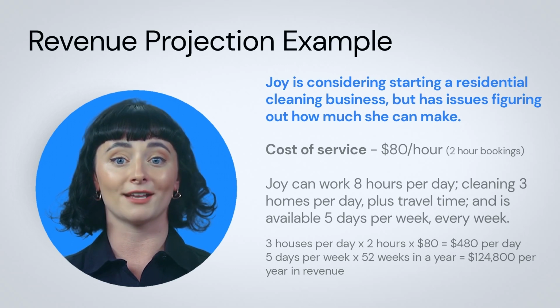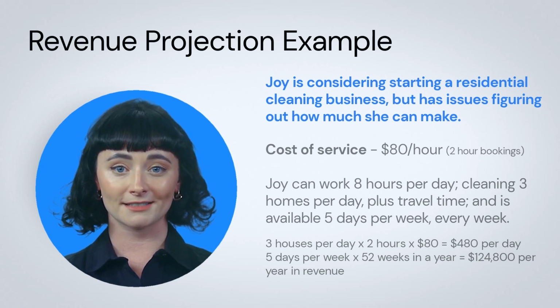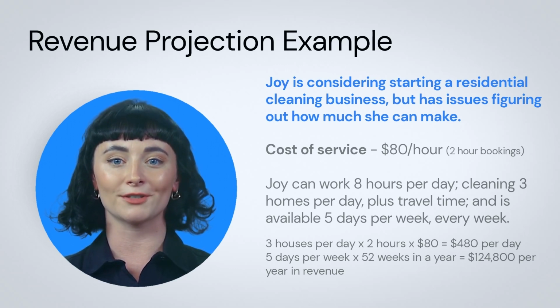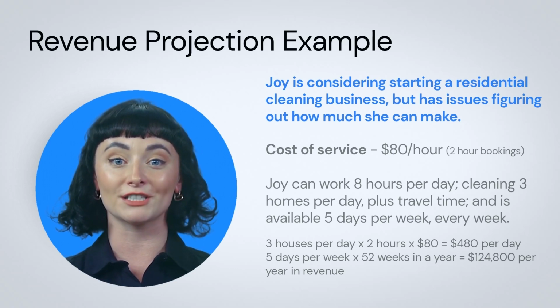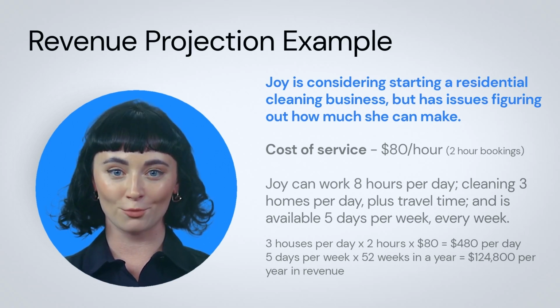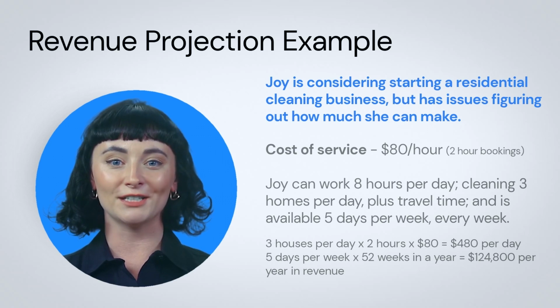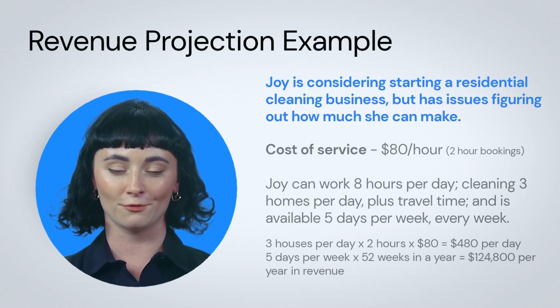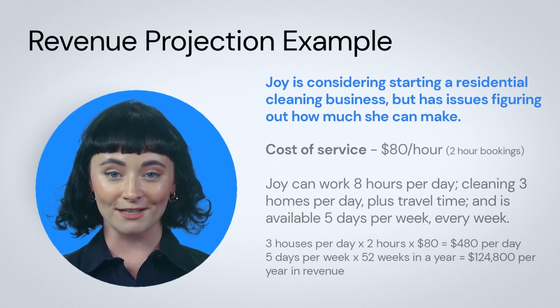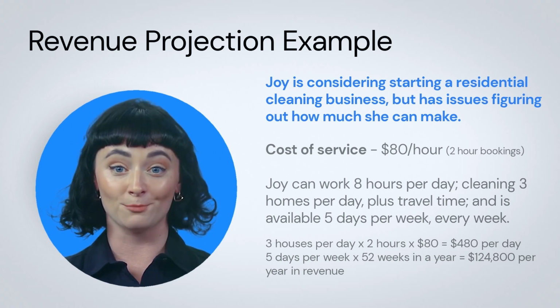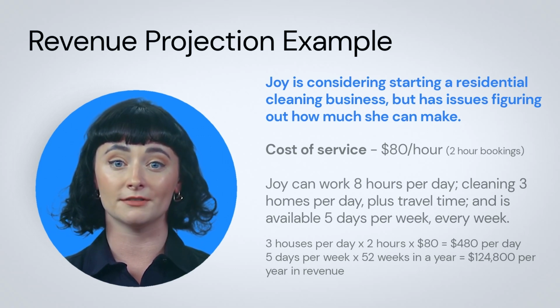This means, in one day, after working 3 houses, Joy can generate about $480. If she does this 5 days per week, she will make about $2,400 per week, or $124,800 in a year, assuming the 52 weeks is what Joy is working. This becomes the revenue for her year 1.